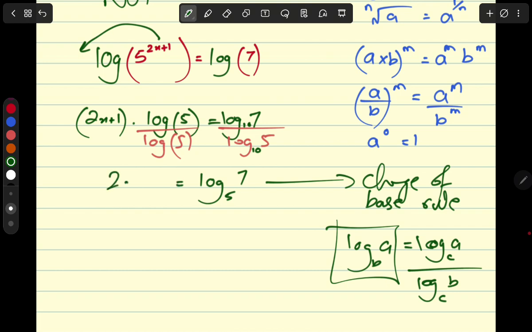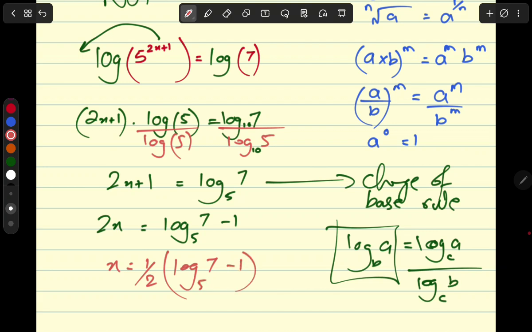So this is the same as 2x plus 1. Now subtract 1 from both sides, so you get log 7 base 5 minus 1, and now we divide both sides by 2, so we get x equal to half times, put the bracket, make sure that you don't forget it, log 7 base 5 minus 1. So now finally this is our answer.